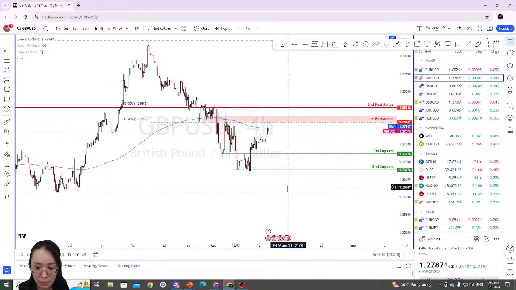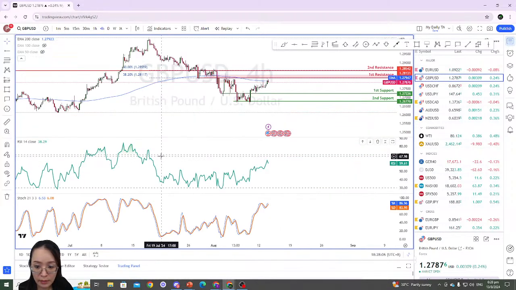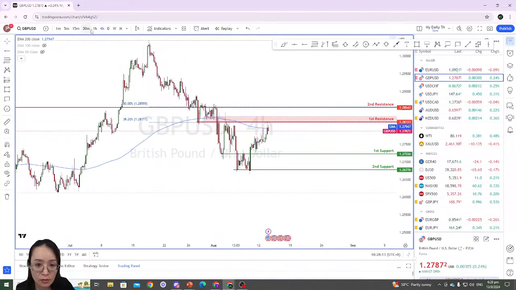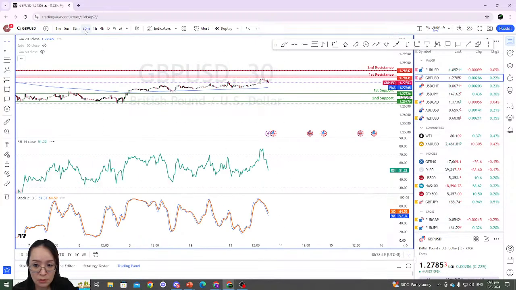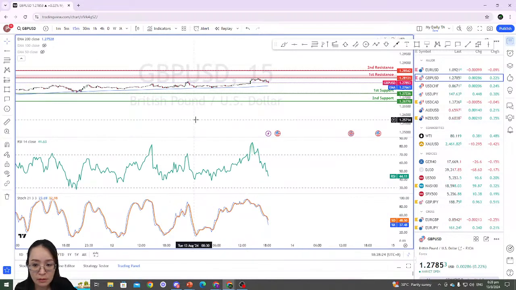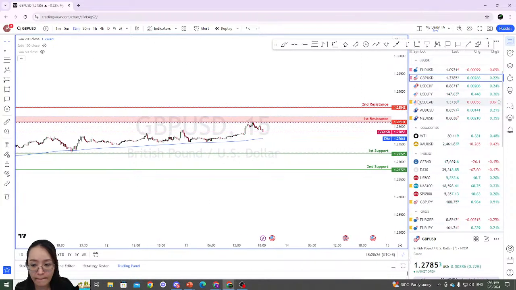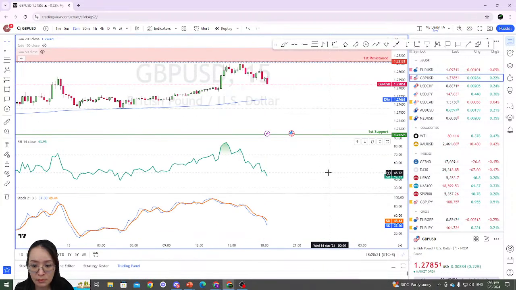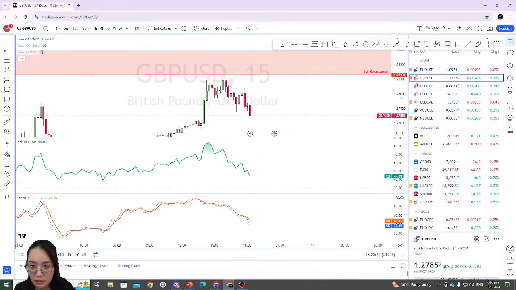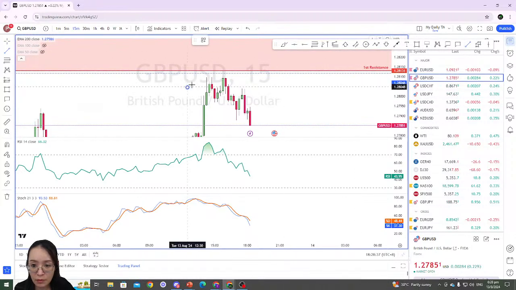Now we sell, right, because they broke below already, and somehow here it's about 61.2, and this one is about 83 for the stochastic. Now we can go to the lower time frame to see, is there divergence here? No. Overbought based on M15. M15 divergence here.